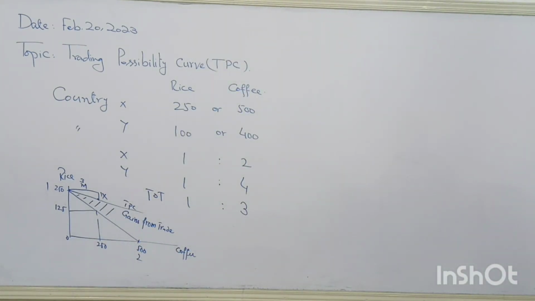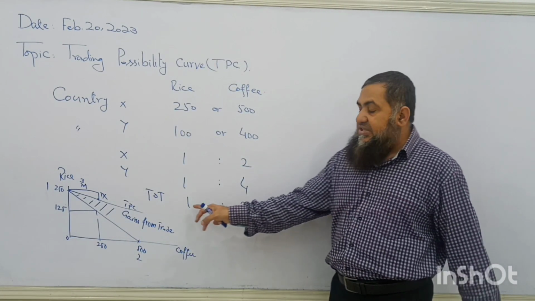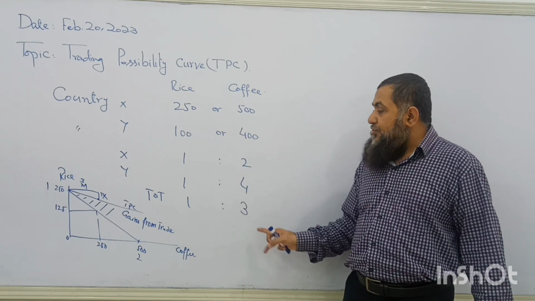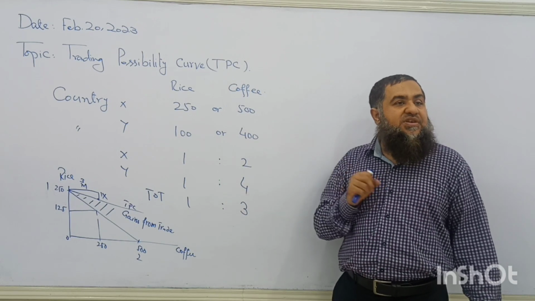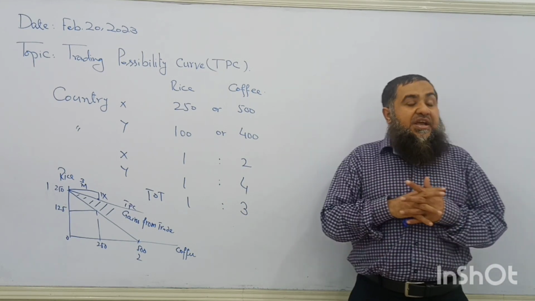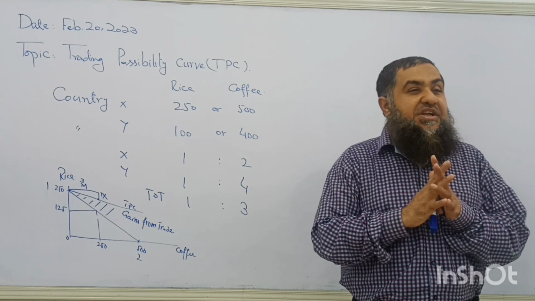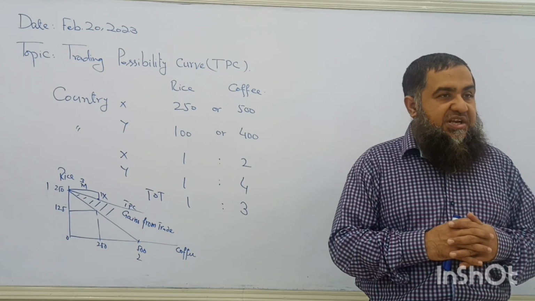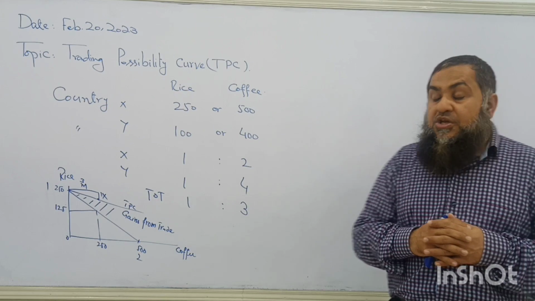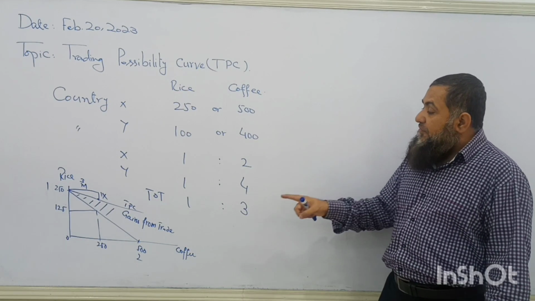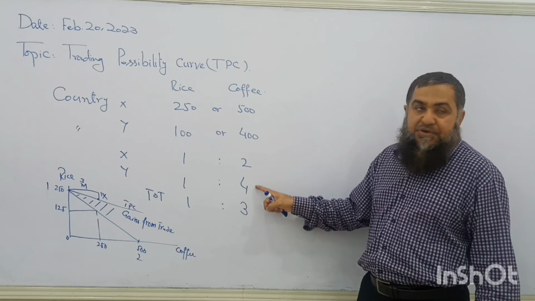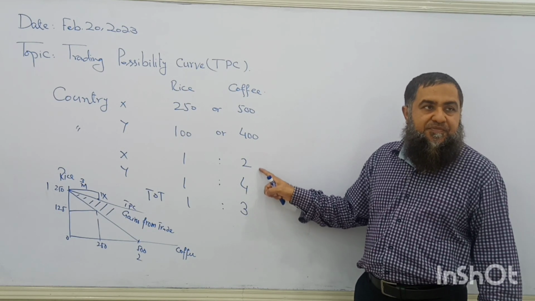Okay, listen first. If the international market has the same ratio as 1:2, do you think country X will trade? It is not going to trade because there is no difference to gain from the international market. The ratio is the same. So they will only trade when this trading possibility is in between their opportunity cost ratios.